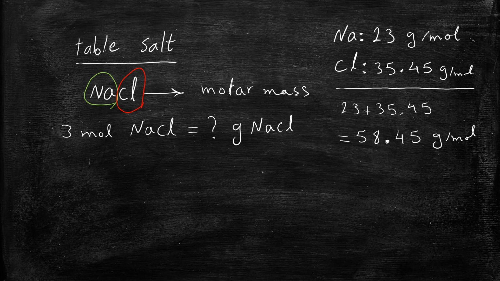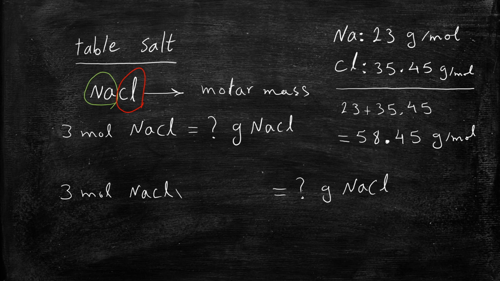So that's the molar mass of this molecule, table salt, or NaCl, sodium chloride. With that information available, now we can answer the question. 3 moles of NaCl needs to be converted to grams of NaCl. How many grams of NaCl?